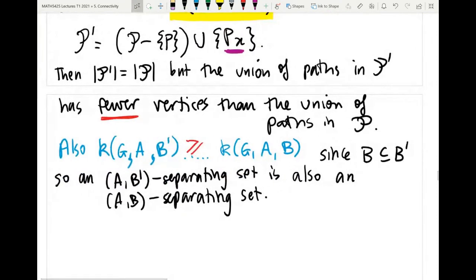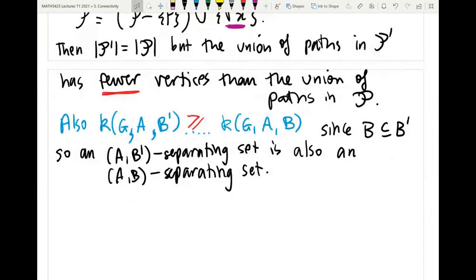The point is the size of P primed, the number of paths in P primed, is still less than K for the new setup. So the inductive hypothesis applies. Hence, we can apply the inductive hypothesis.